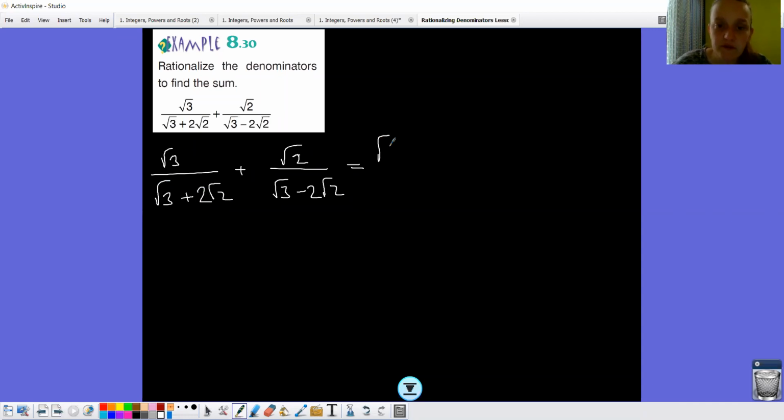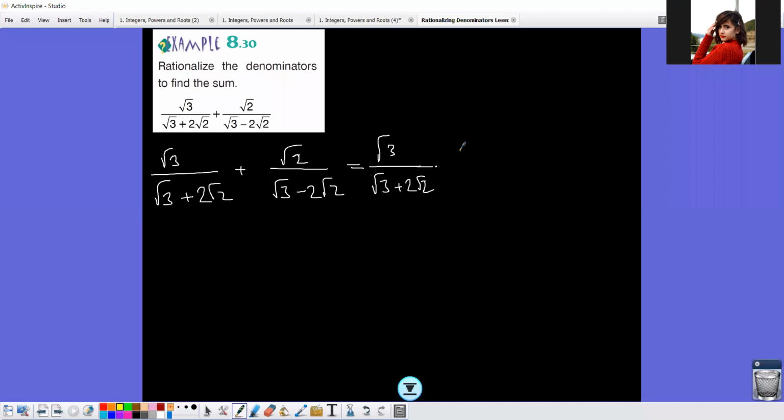So what will be root 3 over root 3 plus 2 root 2 times, sometimes my handwriting is going crazy. I hope that you're understanding. So the conjugate of this one will be? Just minus.